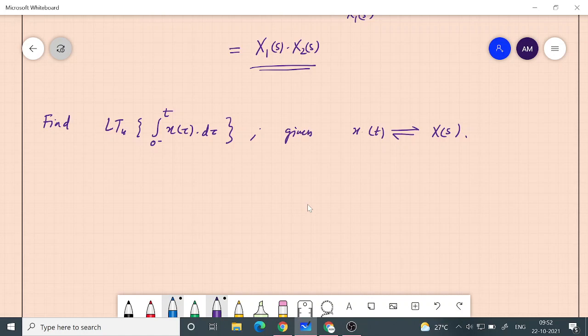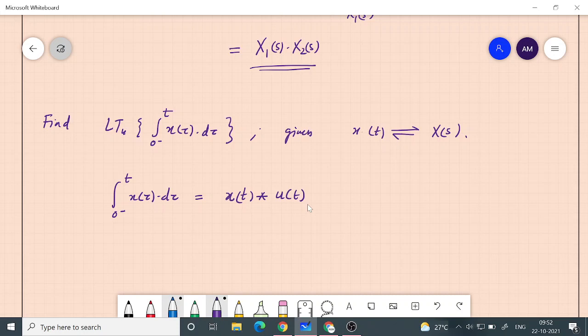Yesterday we did it in a different approach, but today let us solve this problem in a slightly different way. Now what I would like to argue here is that I can write this given integral, that is, 0 to t of x of tau d tau, as a convolution of x of t and u of t.